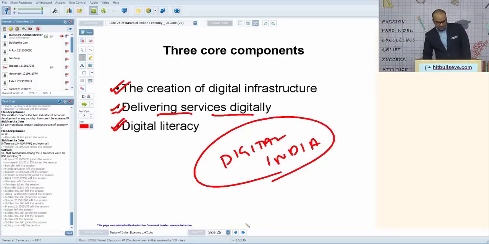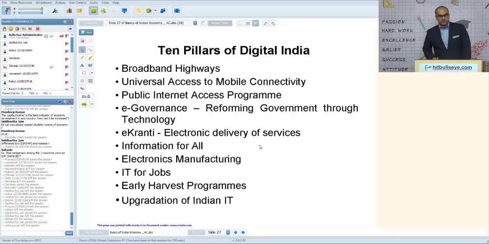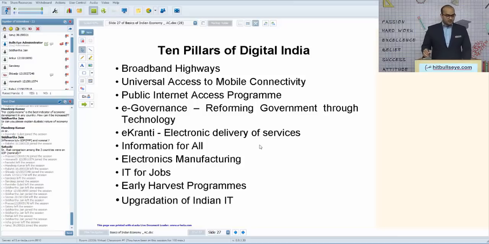So let us talk about the basic components of Digital India. Again, we want to create digital highways or broadband highways to provide high-speed internet connections which will allow people in our villages to access e-literacy campaigns, e-lectures, probably something similar to this one. Universal access to mobile connectivity.